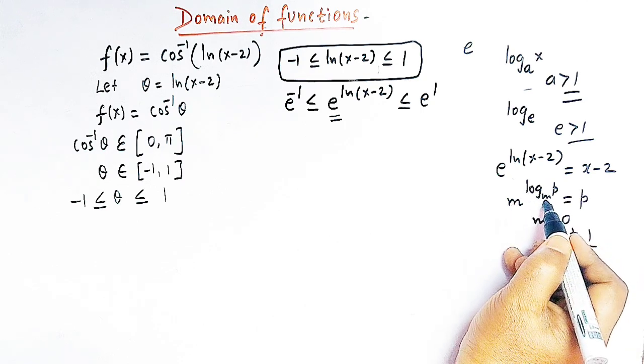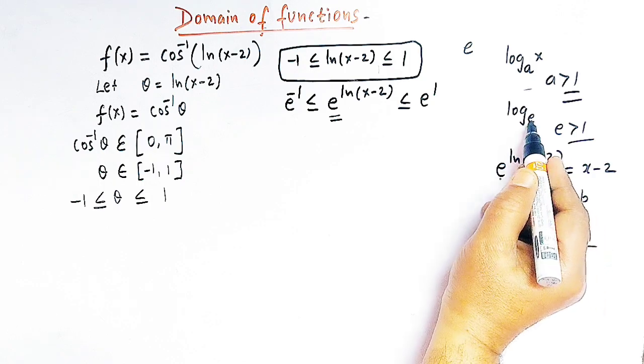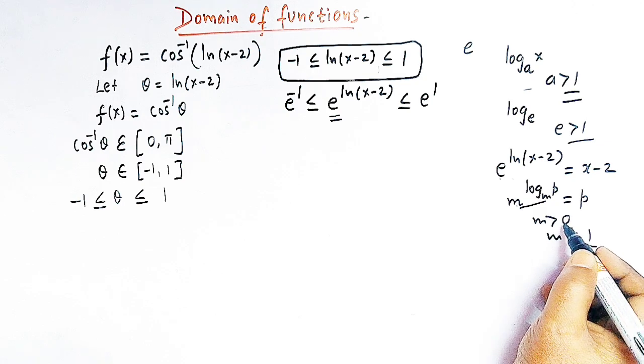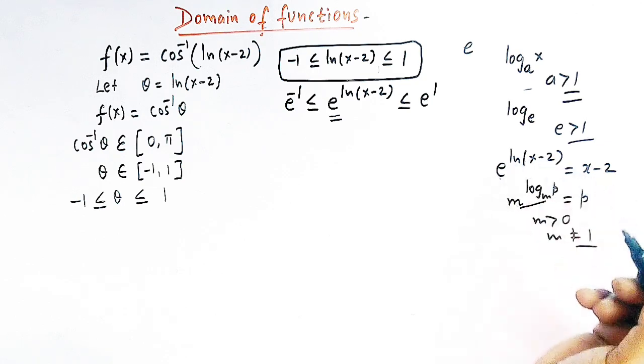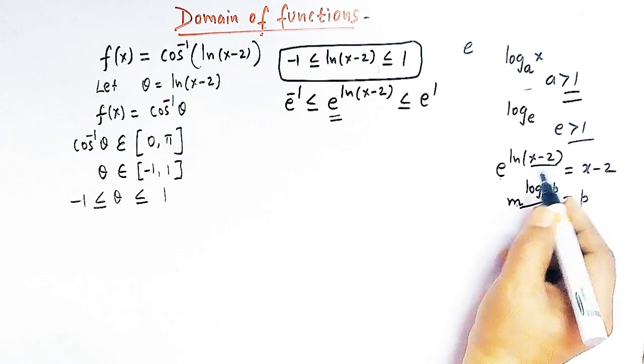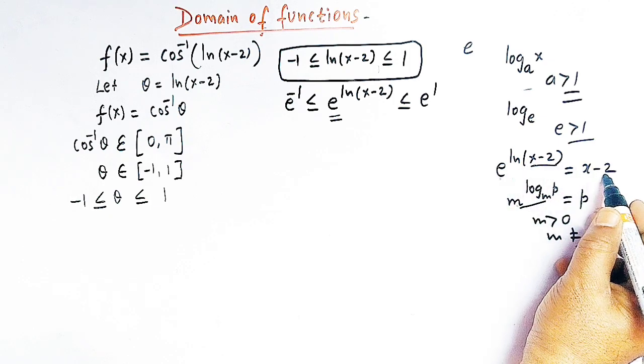And here we have e, because the base of this log is e, so the value of m is e, which is obviously greater than 0 and it is not equal to 1, and the value of p is x minus 2. So e raised to natural log of x minus 2 is equal to x minus 2.